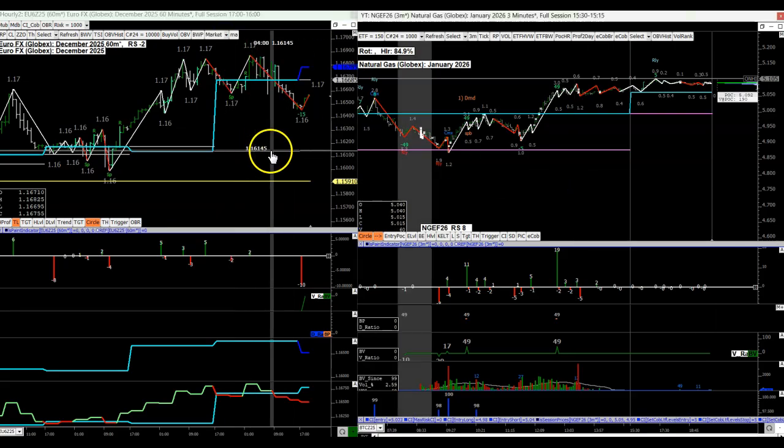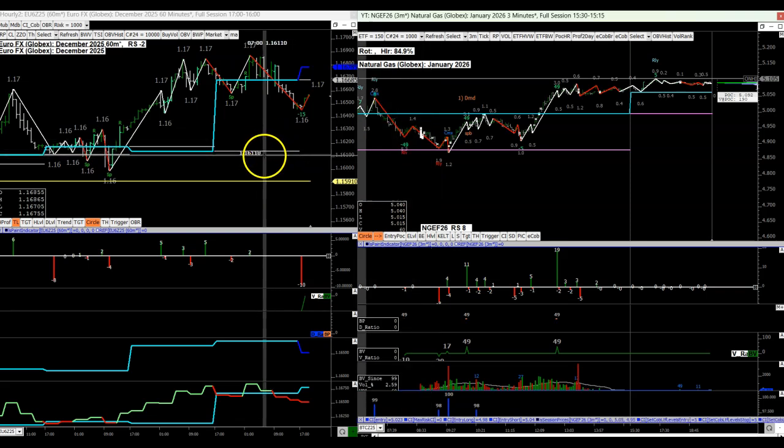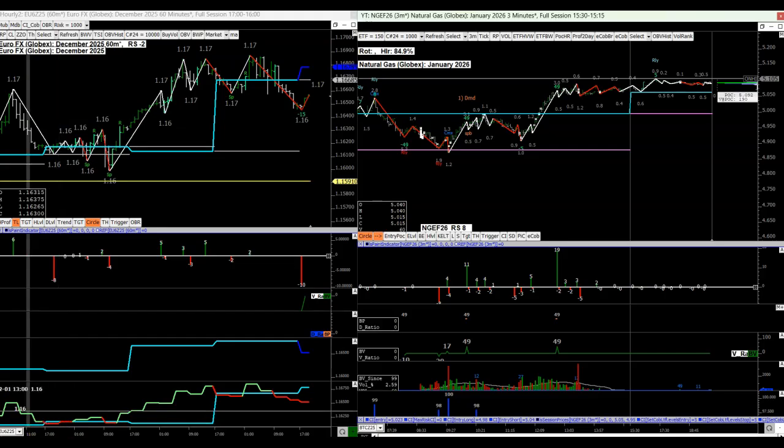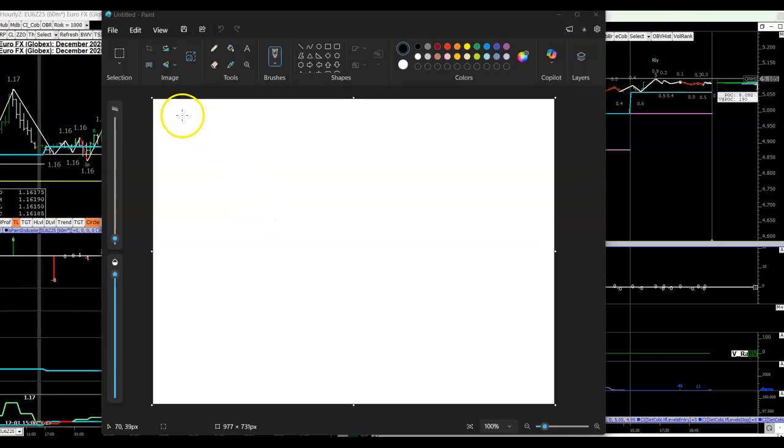So the thing I wanted to explain was you have to know the daily. So first thing is if you're trading springs and up thrusts, and these are just very common setups, right? They only work with higher time frame direction.